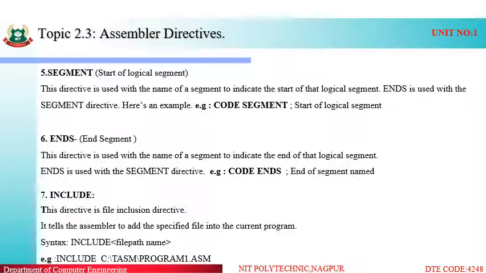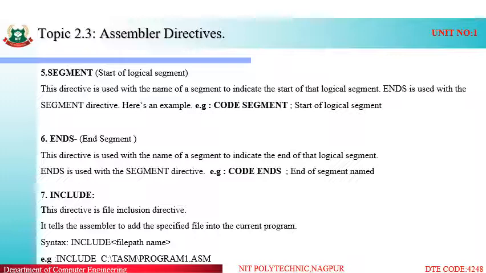Segment. The SEGMENT assembler directive is used with the name of the segment to indicate the start of that logical segment. What does the segment assembler directive do? This directive is used with the name of the segment, that is code segment, data segment, extra segment, like that. It tells us that a particular segment is being started.